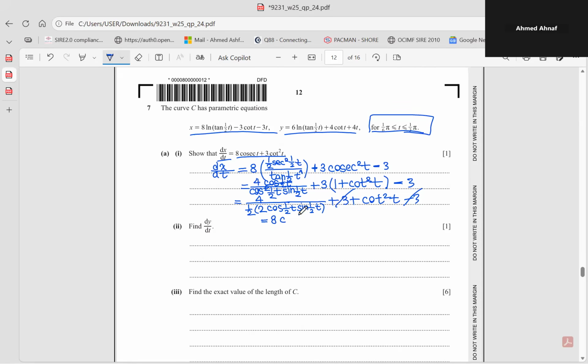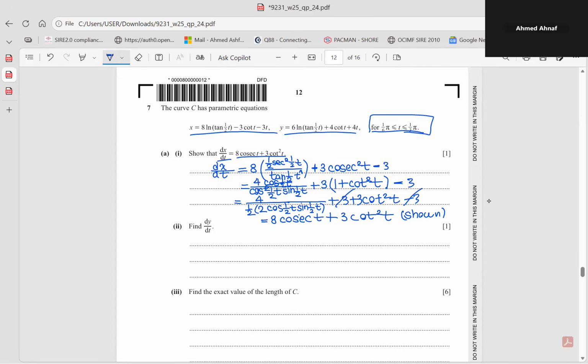Therefore 1 over sine t is cosecant t, plus 3 cotangent square t. Yeah, so we have shown it here. This would be all for the first part.